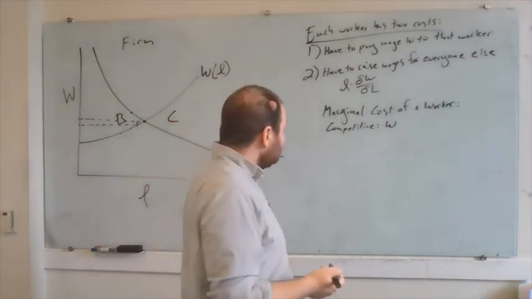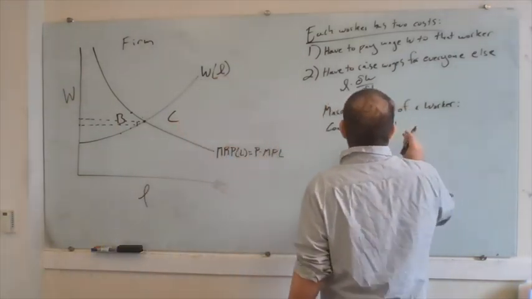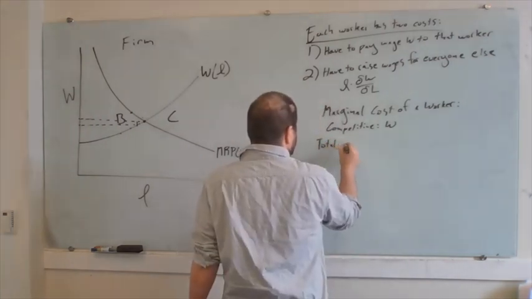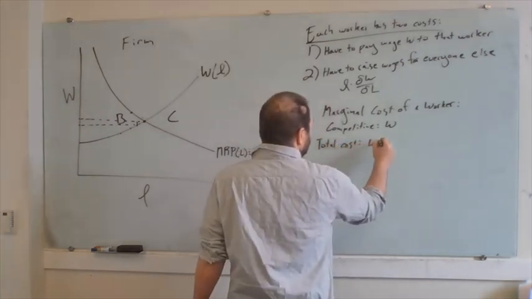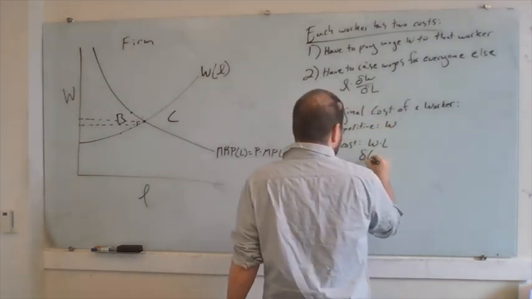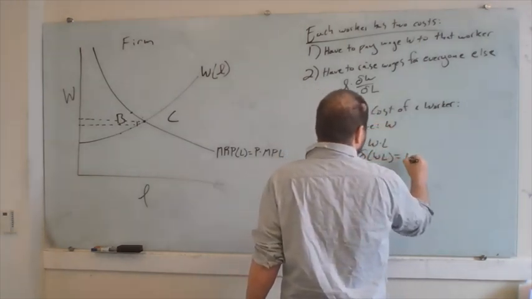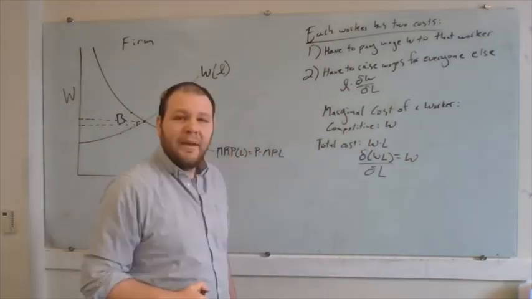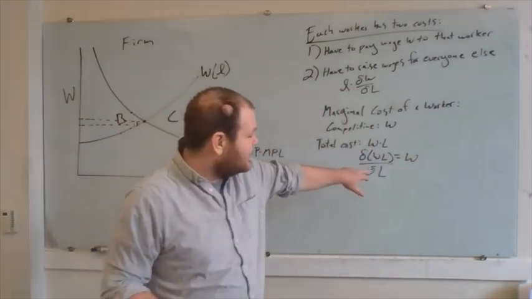And the reason was that the total cost is W times L, right? The derivative of WL, when you don't have any control over W with respect to L, is just W, right? In a competitive market, this was the case.